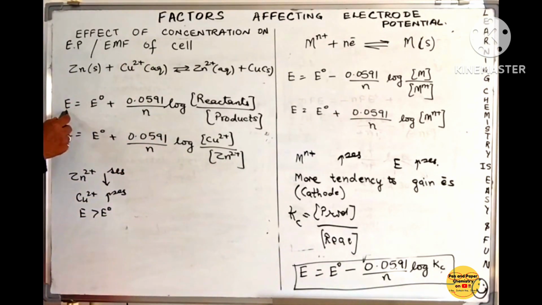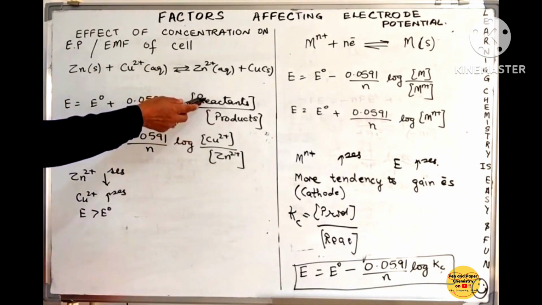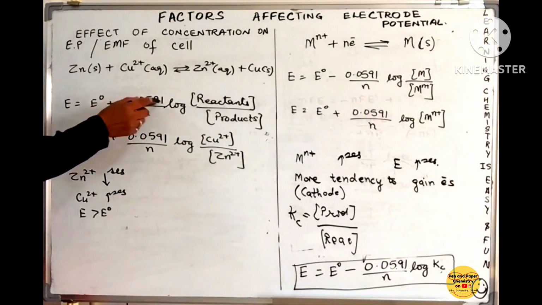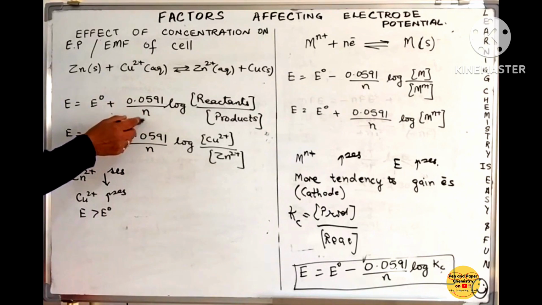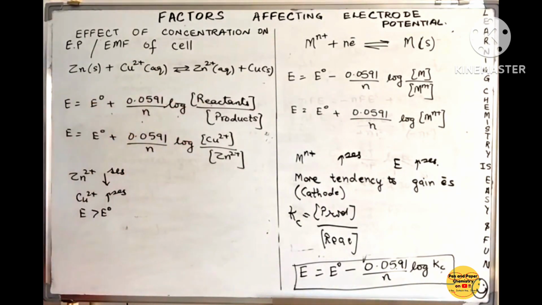So what I have got over here is E equals E naught plus, because we are reversing, reactants come in the numerator, products go in the denominator, the sign changes, plus 0.0591 upon n log of the concentration of reactants divided by the concentration of products.